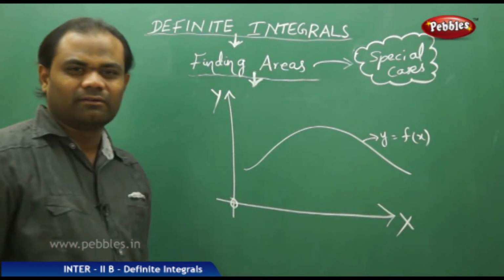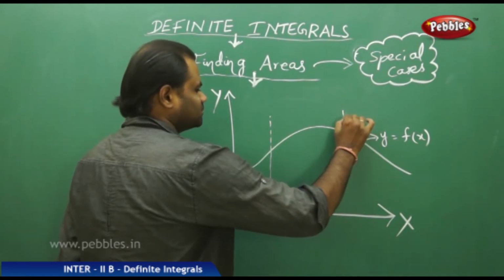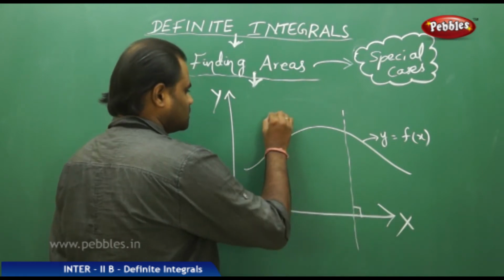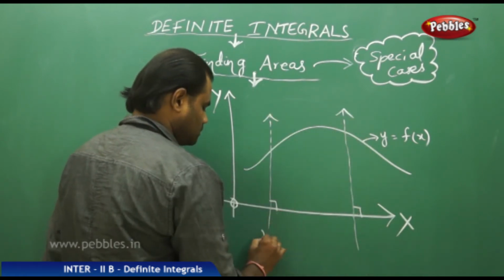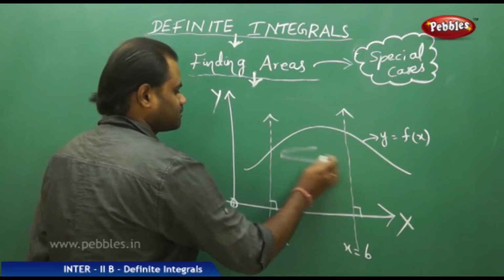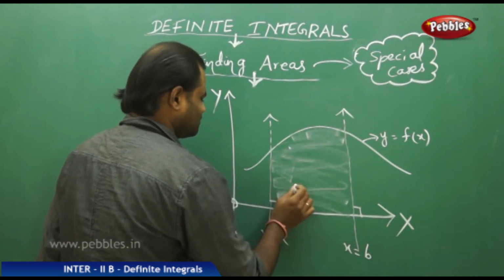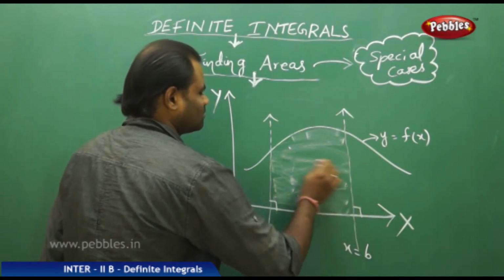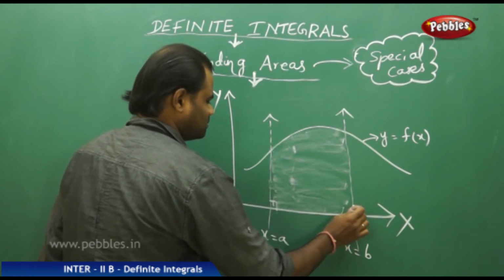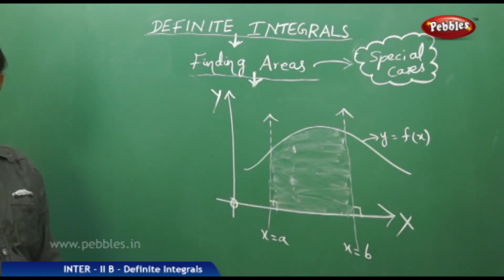I have only the curve y equal to f of x, and I have to find the area between the boundaries x equals a and x equals b. This is what we're going to find out here.